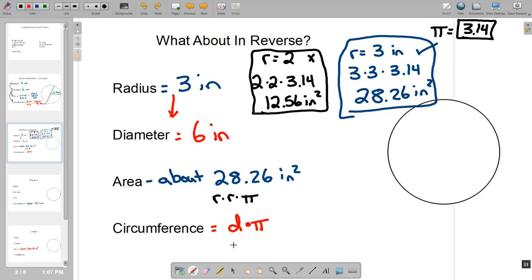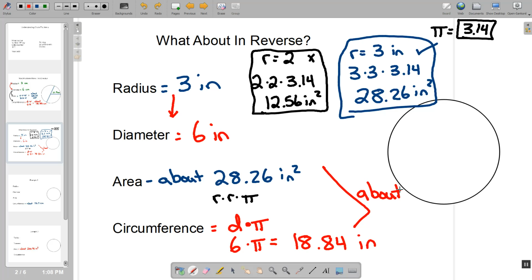And all I do here is I take 6 times pi. And this time I'm going to still use the decimal approximation. And I get 18 and 84/100 inches. And now both of these again are about.